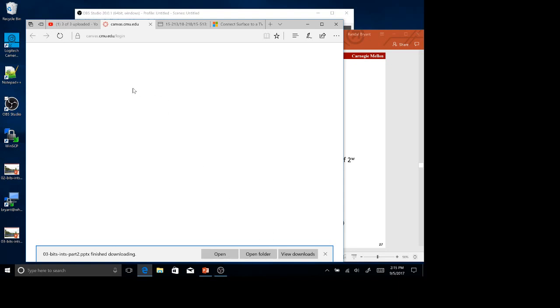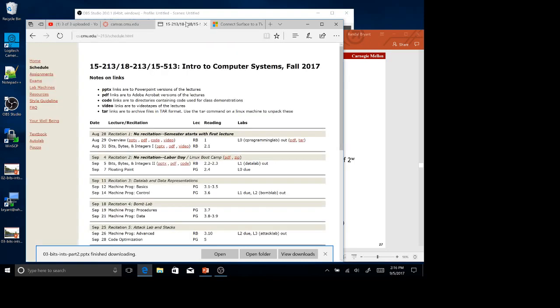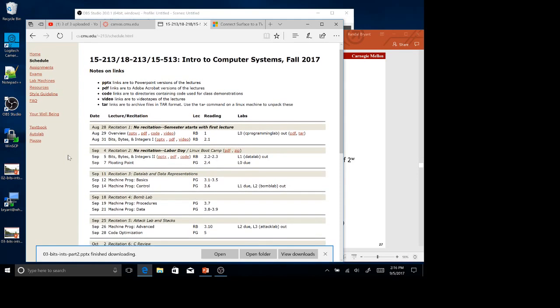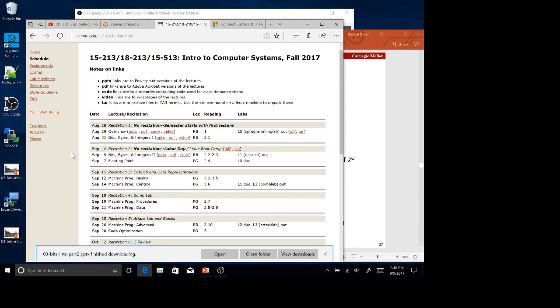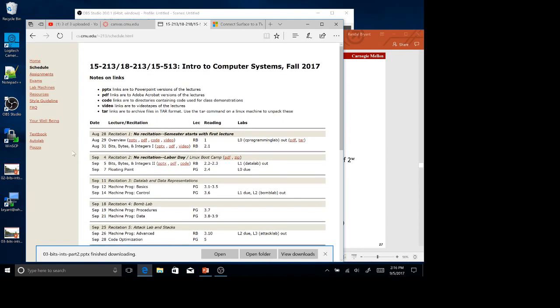I'm trying to figure out how to get to Canvas.